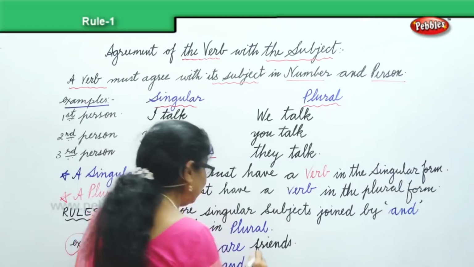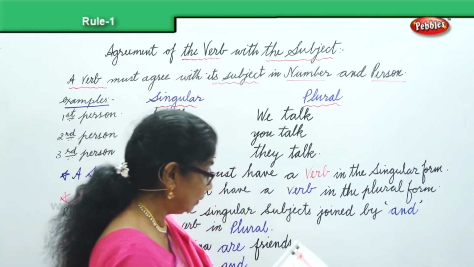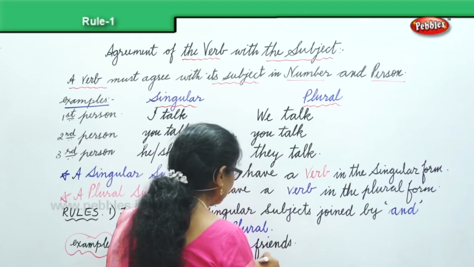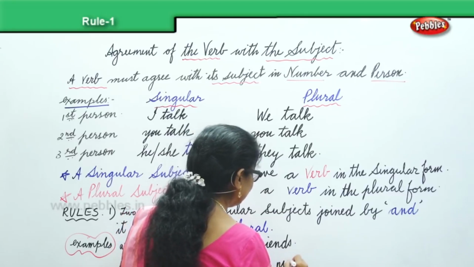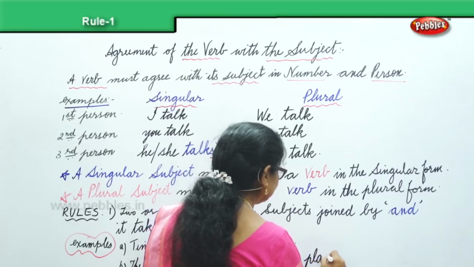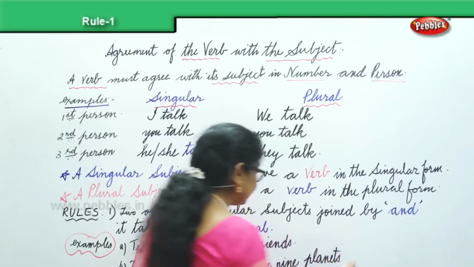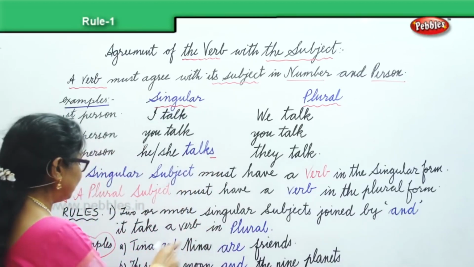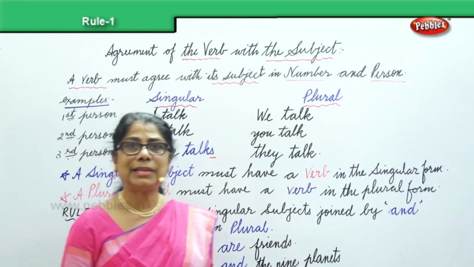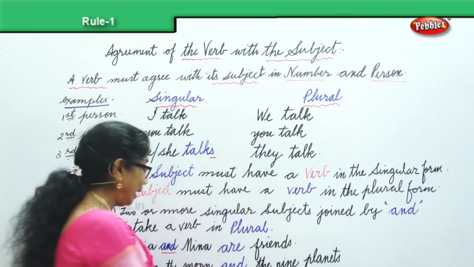The sun, moon, and the 9 planets. Here, singular subjects. The sun, the moon, 9 planets are all singular subjects joined by and.